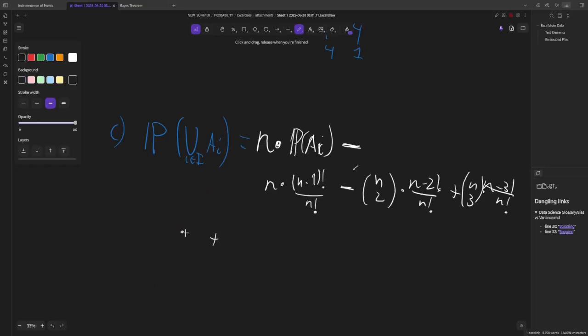Plus or minus 1, and choose n, because you reach up until n, of 1 over n minus n factorial over n factorial, which would be how many ways there are to arrange n elements?